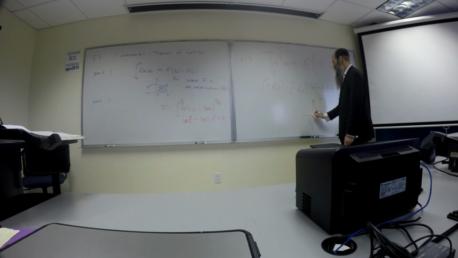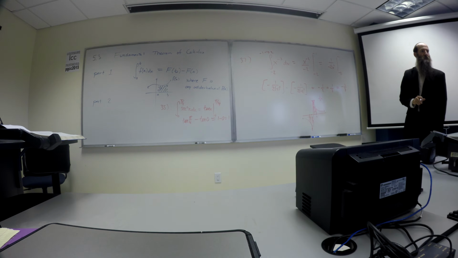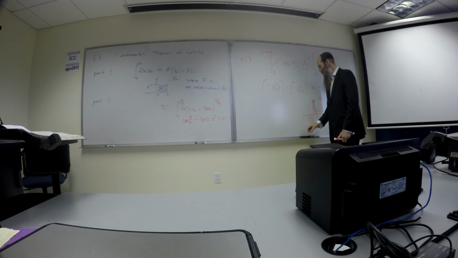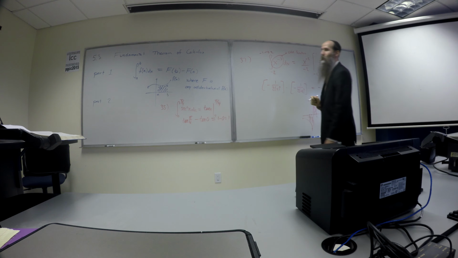Now if we're going from negative 2 to 2, then the area here would exactly cancel the area here, right? Due to symmetry of our function. You could evaluate that immediately. This is because this is an odd function.